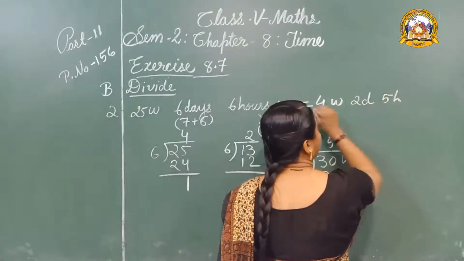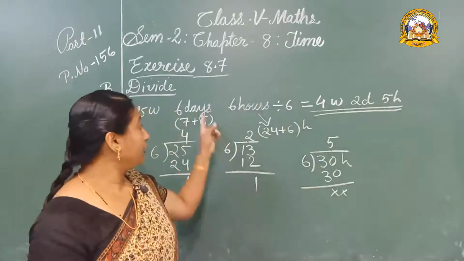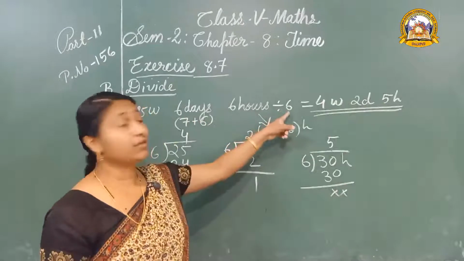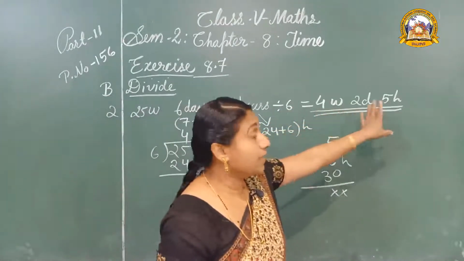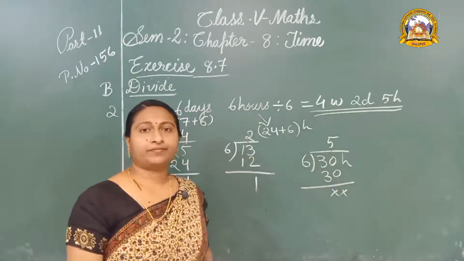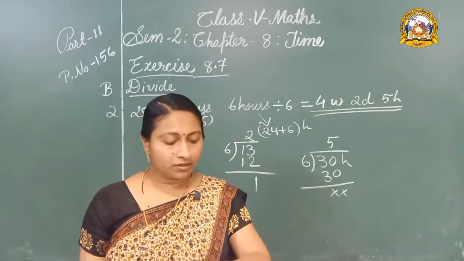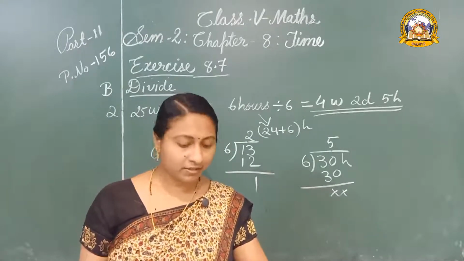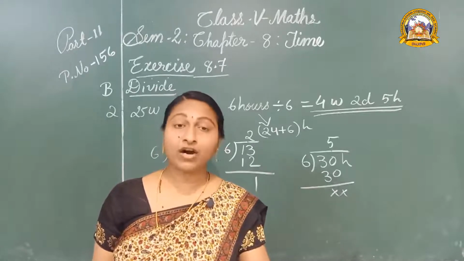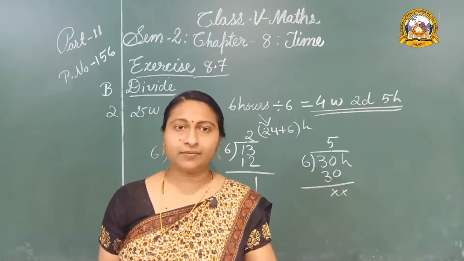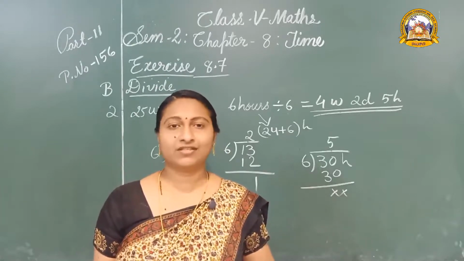Okay, 5 hours. It is the answer. When we divide this time by 6, answer is 4 weeks, 2 days and 5 hours. Okay. It is also very easy work. You can do. Okay. If you have any doubt, you can ask. Okay. Prepare for the exam. Okay, children. Now we have completed our 8th chapter. Okay. All of you should do and learn the works.